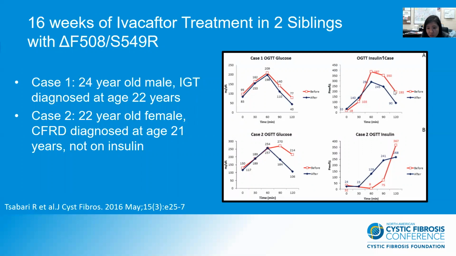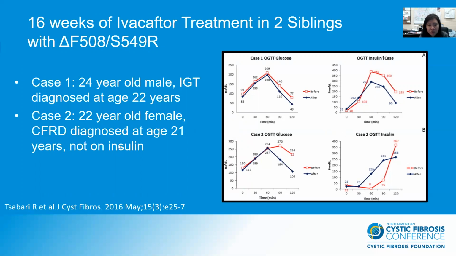When comparing the red baseline results to the 16-week post-treatment results, he did have higher insulin levels during the first 30 minutes corresponding to first phase insulin secretion, and had lower insulin levels for the duration of the 2-hour testing, highlighting the importance of initial first phase insulin secretion in maintaining euglycemia after a bolus of glucose.